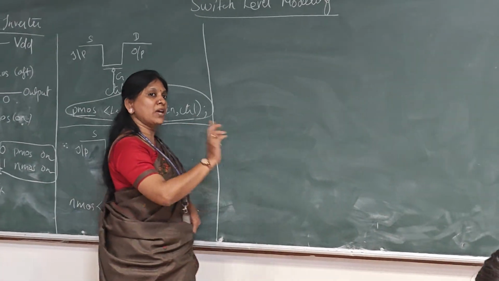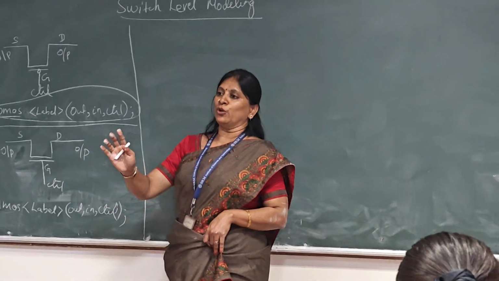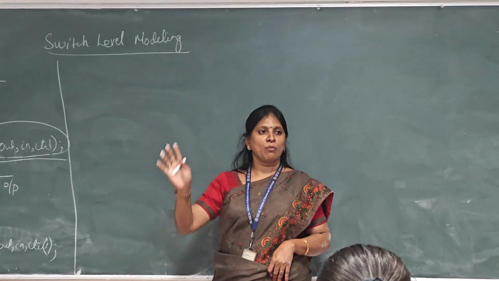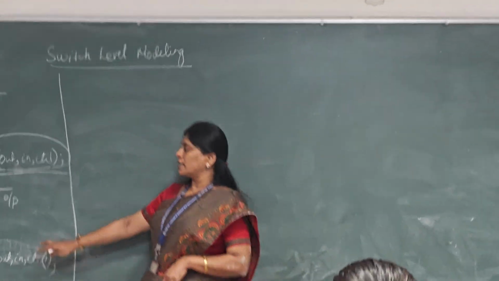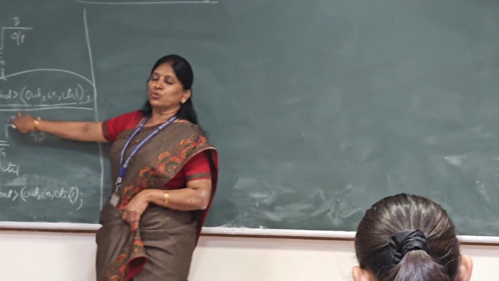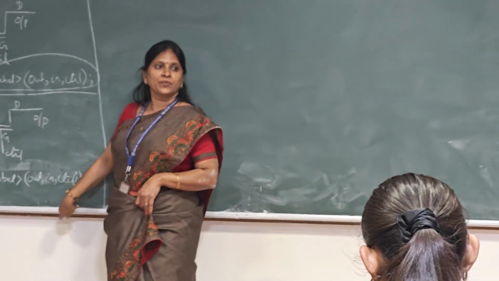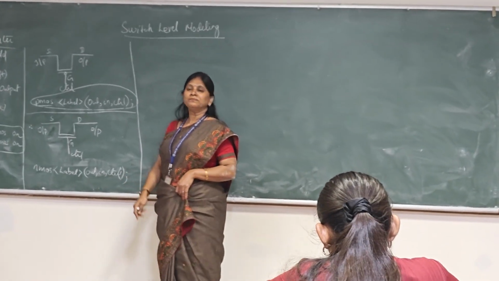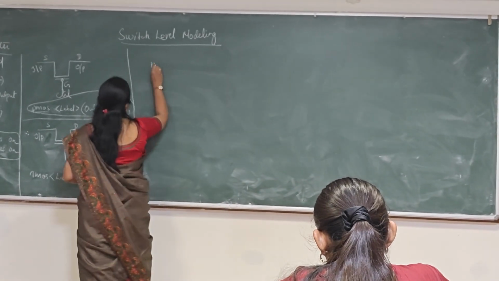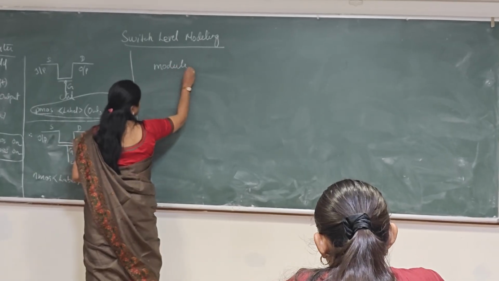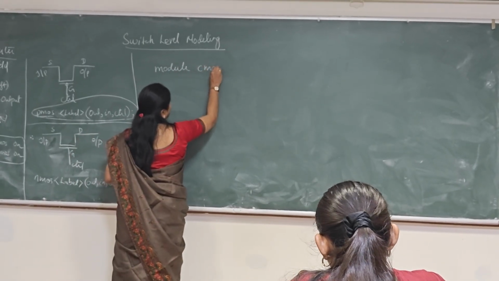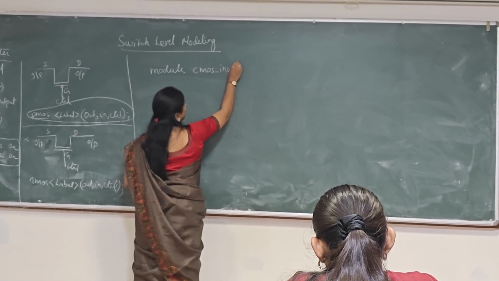The same way, module name, ports. The same order you have to write it. You understand? So tell me, module, then give the label identifier.